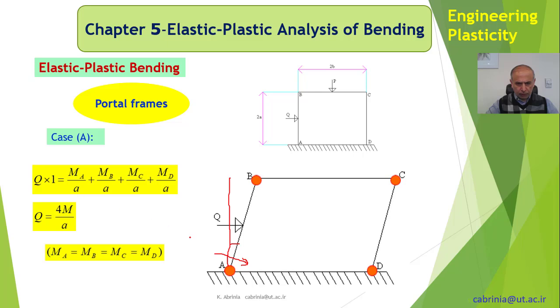So 1 over a is in fact theta dot. Similarly for B, C, and D, theta dot is 1 over a, so MA times theta dot, MB times theta dot, etc. All these theta dots at the hinges are equal because of the geometry.